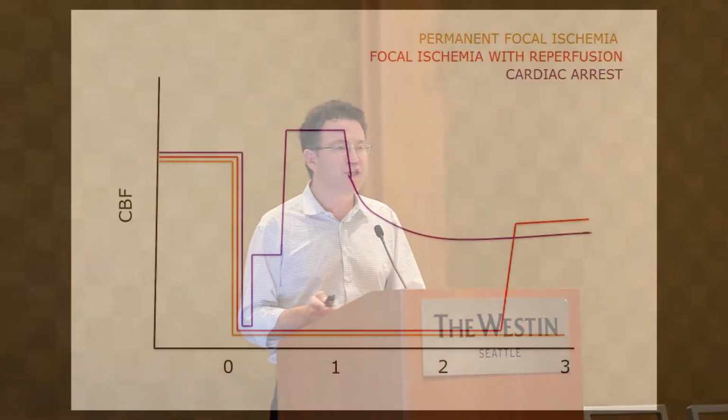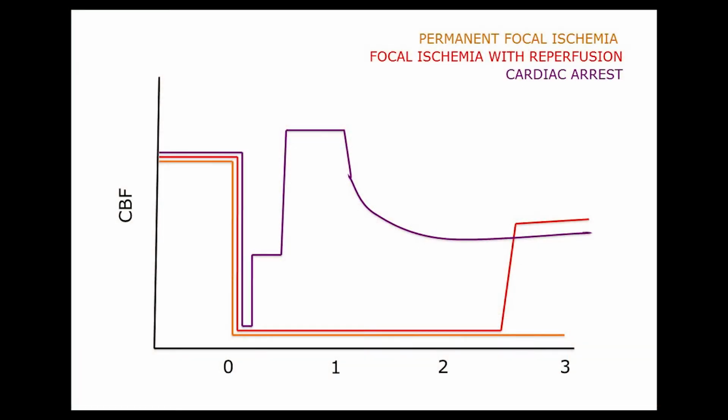I want to remind you that cardiac arrest is very different from a stroke, right? This is what CBF would be in a permanent occlusion. This is CBF in a temporary occlusion lasting 2.5 hours. Cardiac arrest is extremely different. It's about 5 minutes of pure no flow before the start of CPR. It's 20 minutes of misery perfusion during CPR.